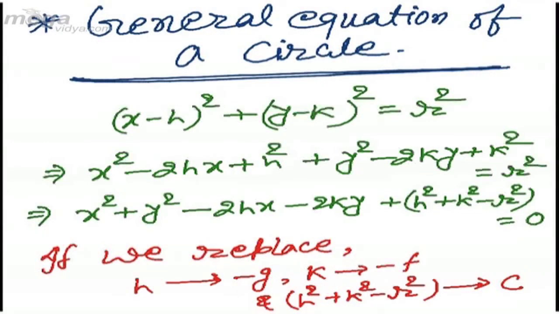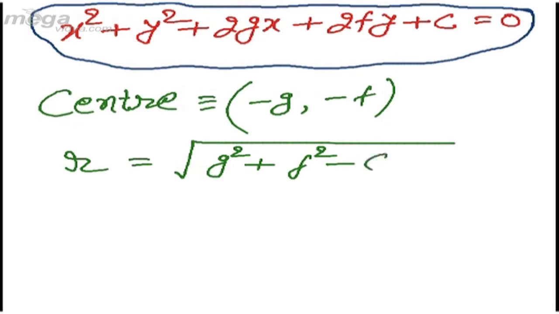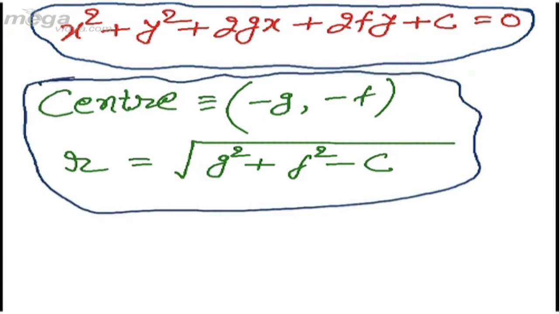So r is equal to root under h square plus k square minus c, and h is minus g, k is minus f. So finally it becomes root of g square plus f square minus c. So this will be the center and this will be the radius when the equation of the circle is written in the general form.